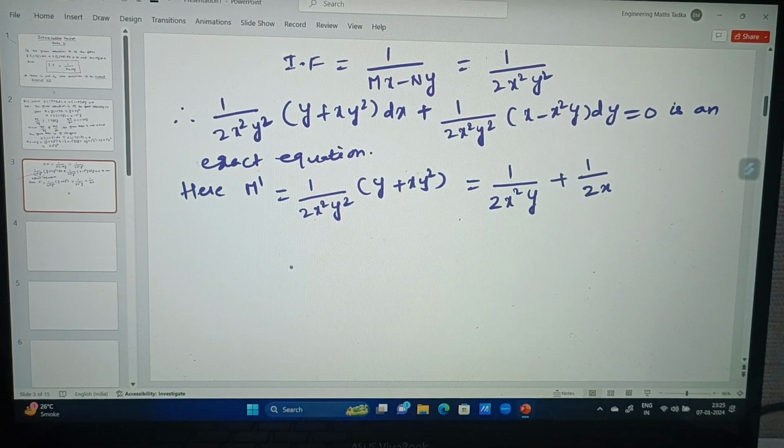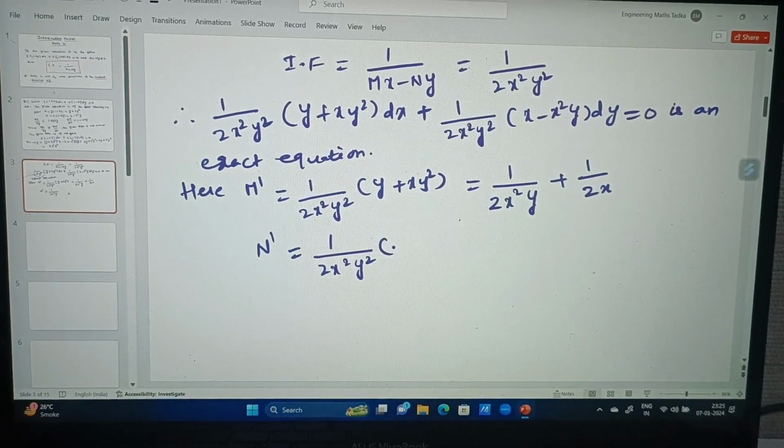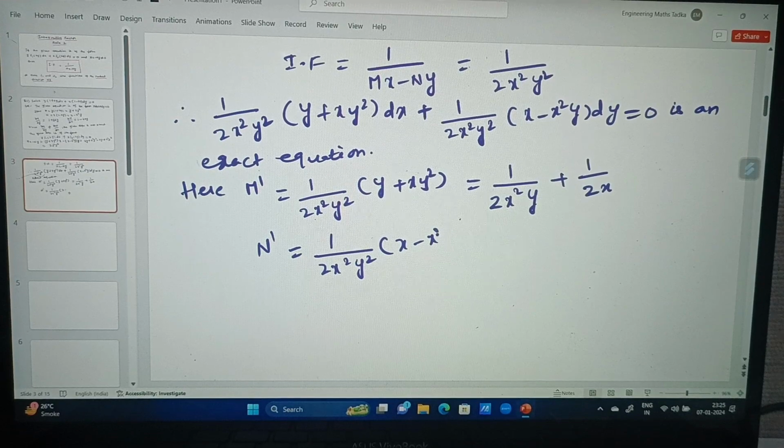Okay? In a similar way, you will be writing the function N dash. N dash क्या है? 1 by 2x square y square into x minus x square y, which can further be written as 1 by 2xy square minus 1 by 2y.